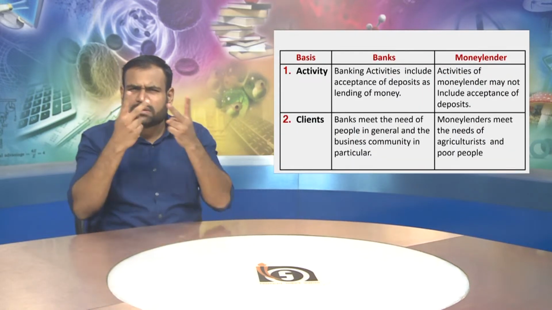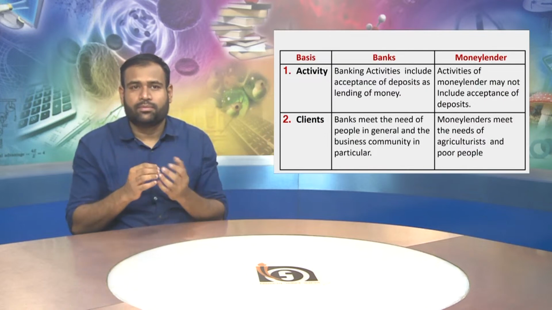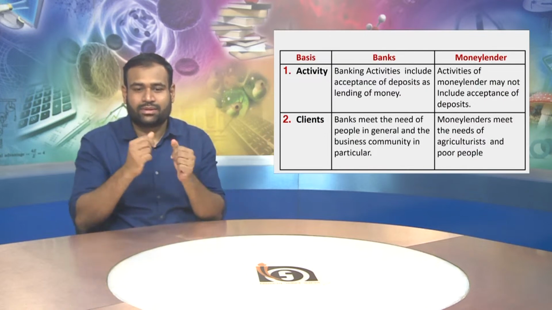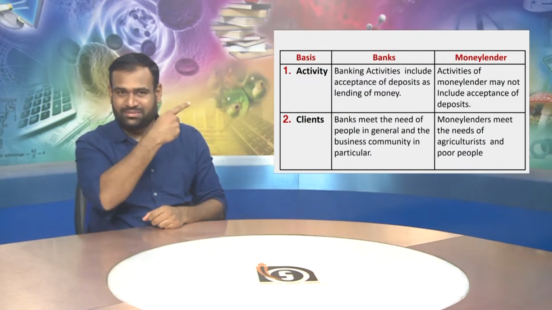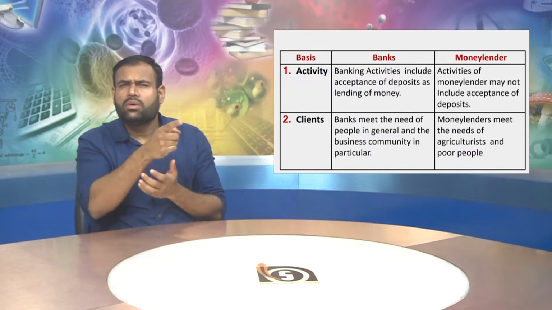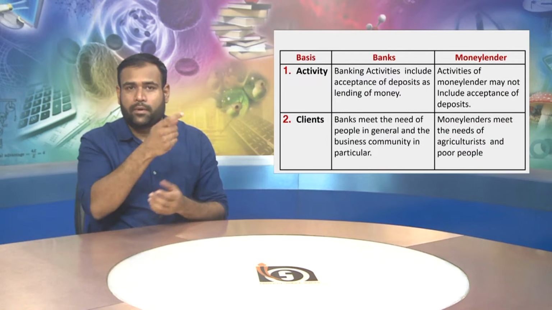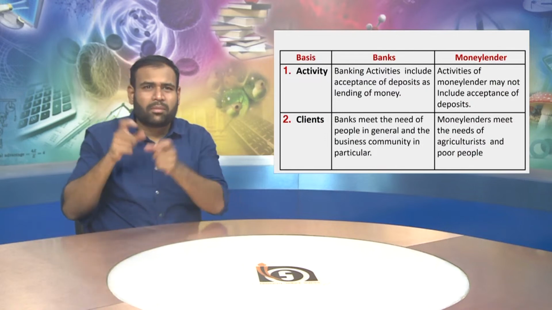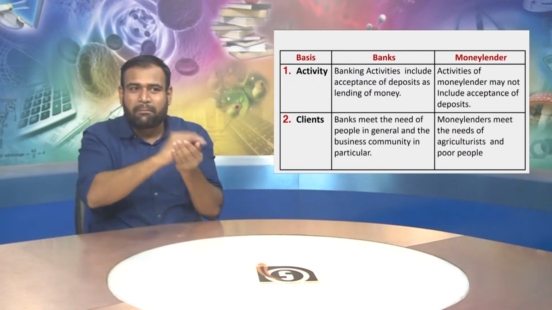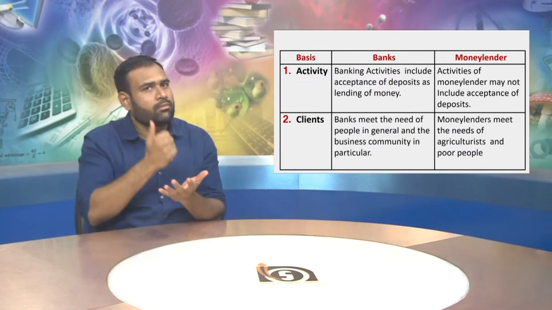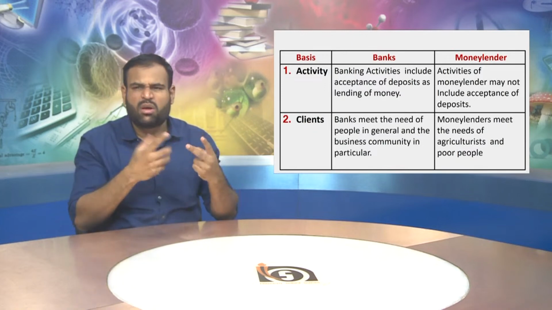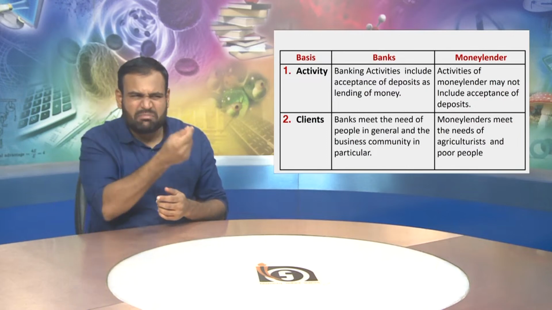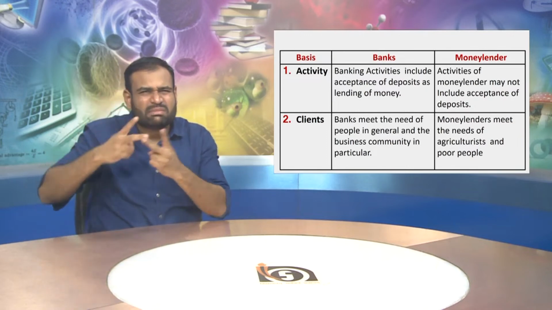So let us understand both the words in detail in some more different bases. The first one is in terms of activity. If we talk about banks, banking activities include acceptance of deposits and lending of money.